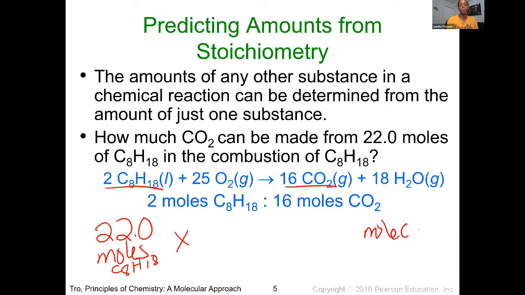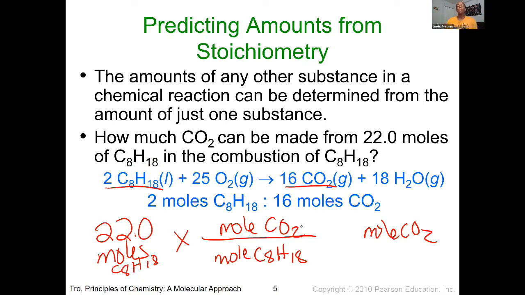I would put moles of C8H18 on the bottom and moles of CO2 on the top, and fill that in accordingly with 16 on the top, 2 on the bottom.